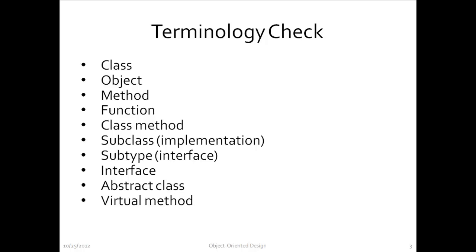A subclass, which is an extension of an implementation, is a class where the implementation of the class is inherited from a superclass, and the subclass could then extend it. A subtype, which is an extension of the interface, inherits an interface and could extend that interface.